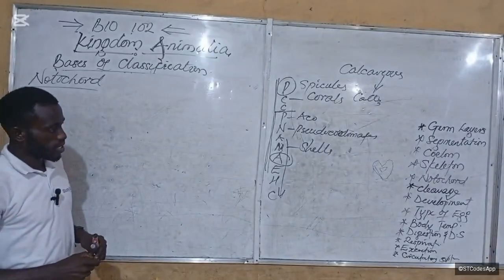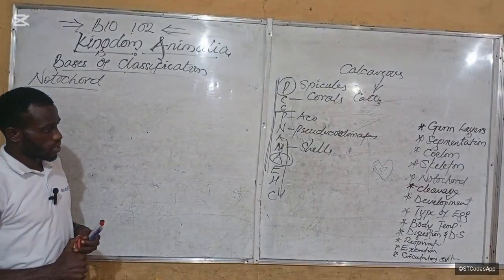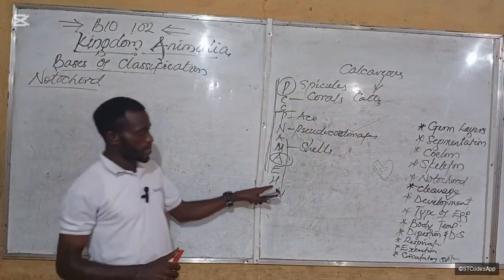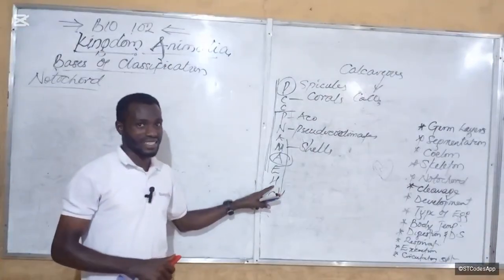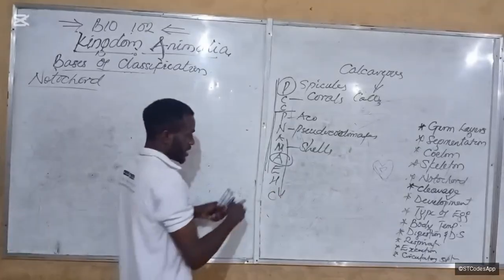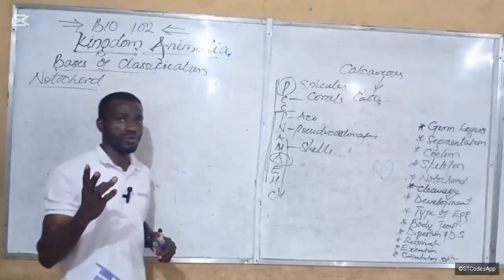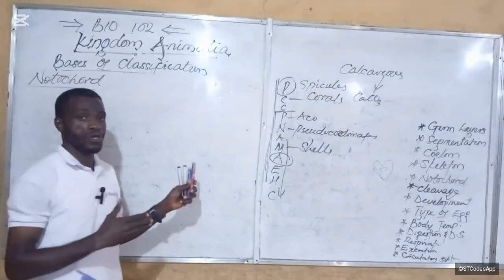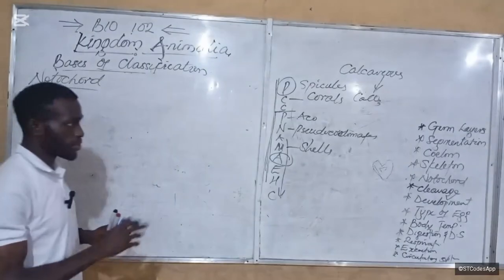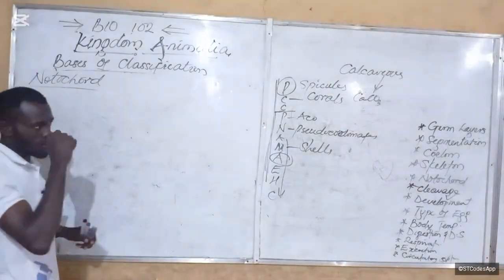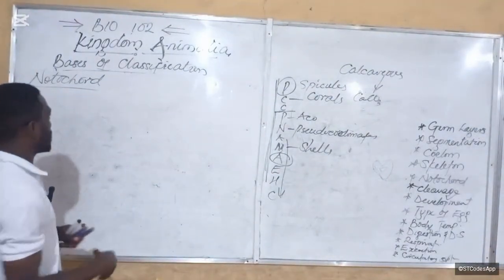Okay, so this one is called hemichordata. In fact, they are not chordates. Hemichordata is not chordates. Chordates have been divided into two: protochordates and vertebrata. I think I will link the video in the description. I mentioned that already.